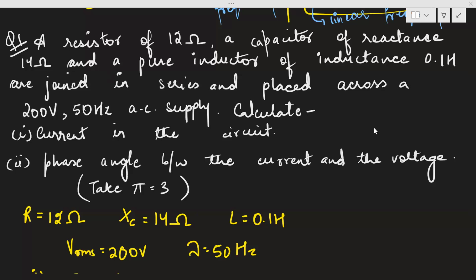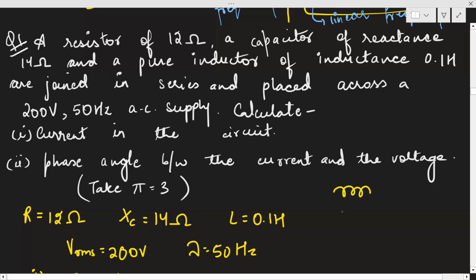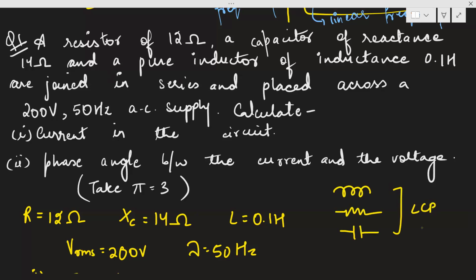In an LCR circuit, you take a pure inductor, a pure resistor, and a pure capacitor and connect all of these in series. That's why this is known as series LCR circuit. These are individually purely resistive, purely inductive. They don't have any other circuit within them. That's why pure inductor is mentioned.